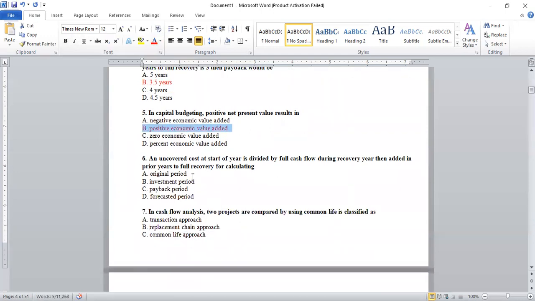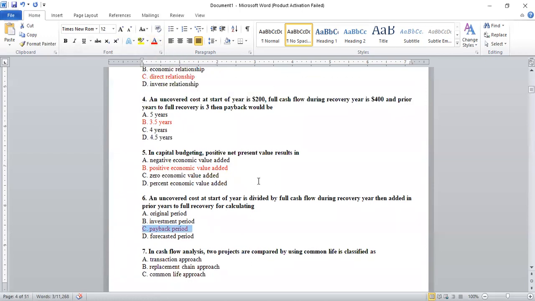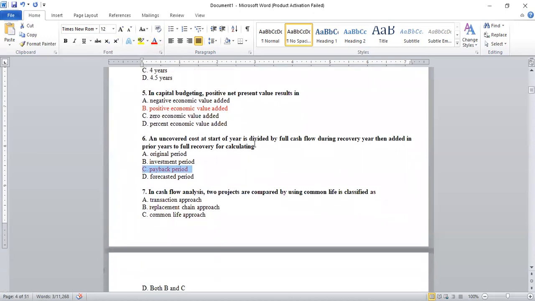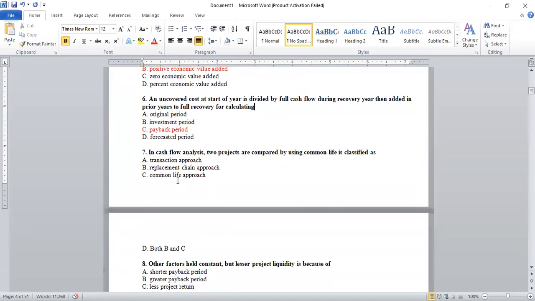Next, the uncovered cost at the start of the year is divided by the full cash flow during the recovery year, then added to the years prior to full recovery for calculating the payback period. This is the formula used for this question 4. Question 7.